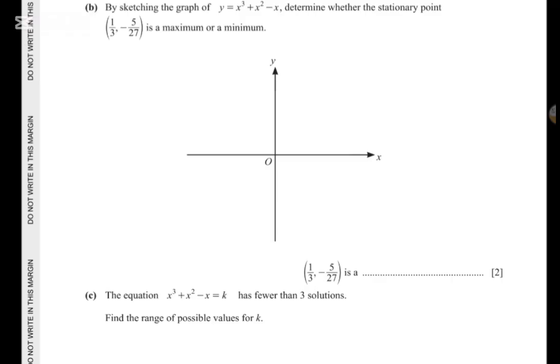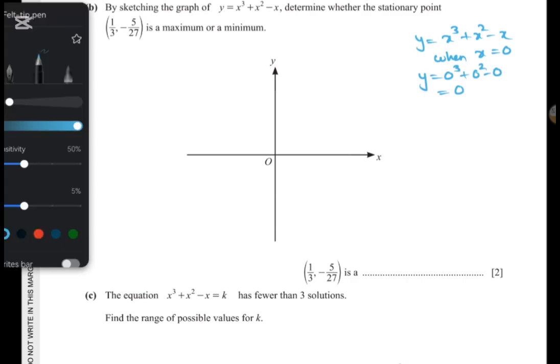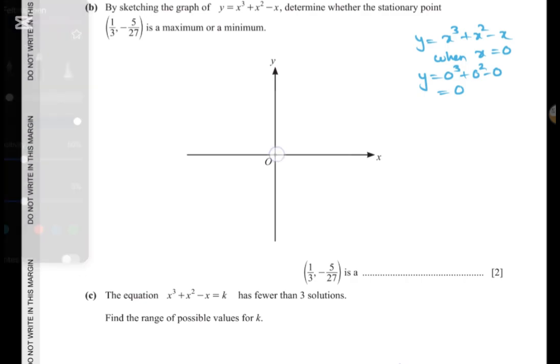So let us take this equation first. Y is equal to x cube plus x square minus x. Now take when x is equal to 0, what is y? Y will also be 0 because 0 cube plus 0 square minus 0 will be 0. So that means the y-intercept is the origin here. This is the y-intercept.